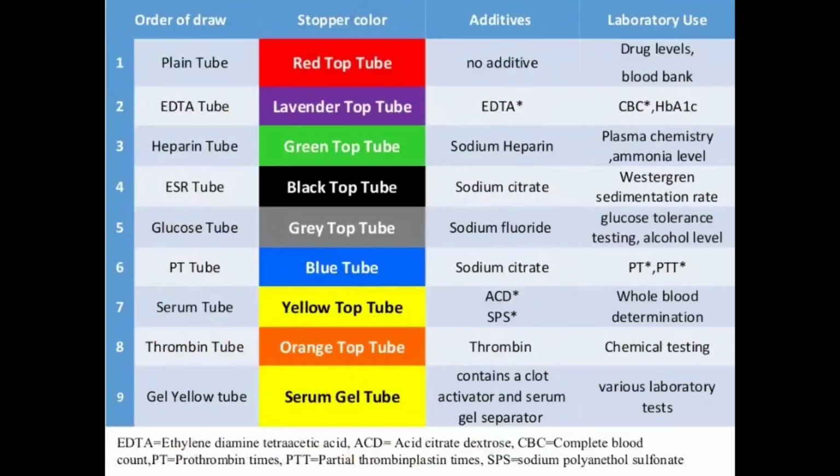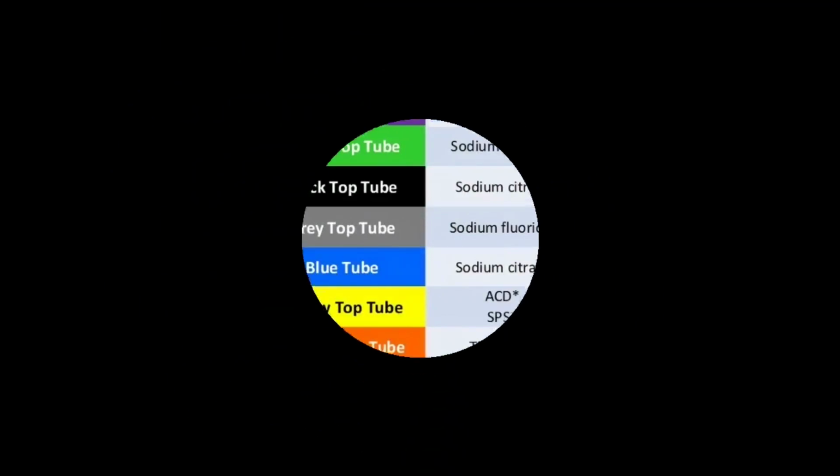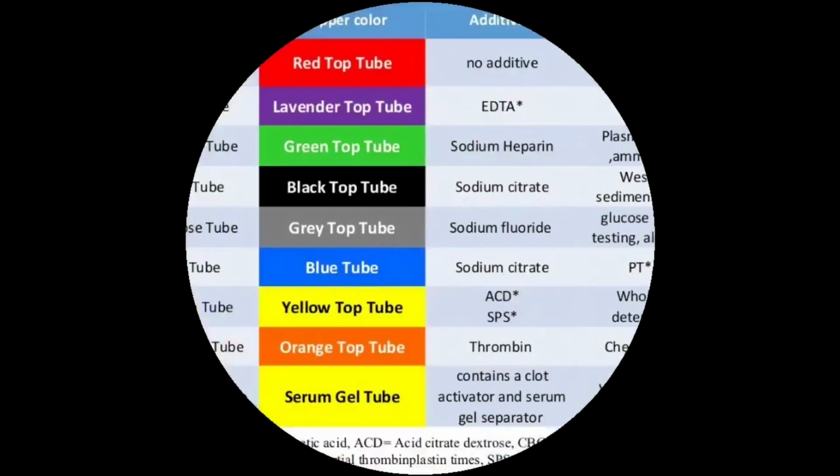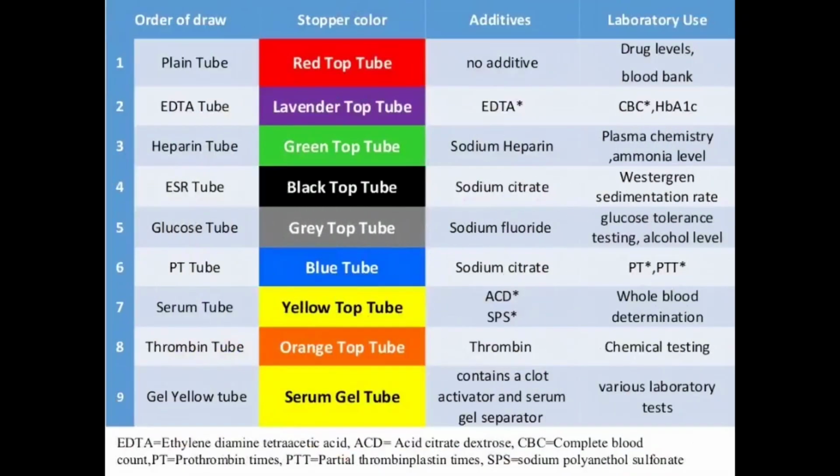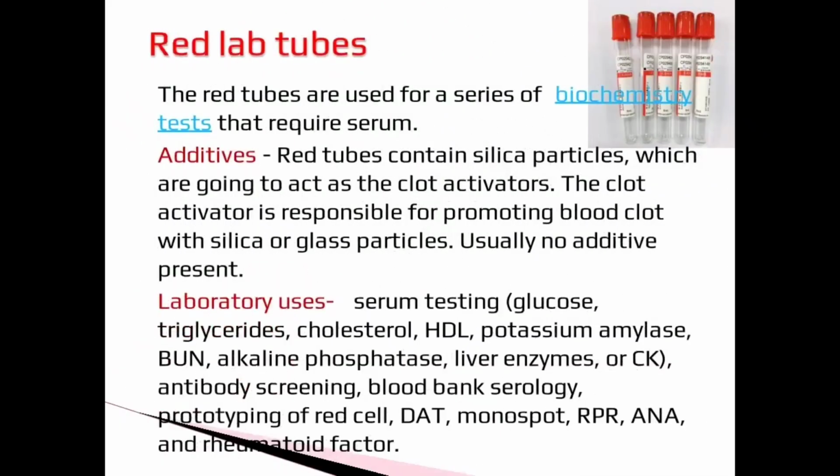A phlebotomist plays a major role in choosing the appropriate test tubes as per the diagnostic test ordered by the physician. The test tubes have different colored caps like red, yellow, blue, green, lavender, grey, black, etc. According to the type of test to be performed, we need to choose the appropriate color test tube.